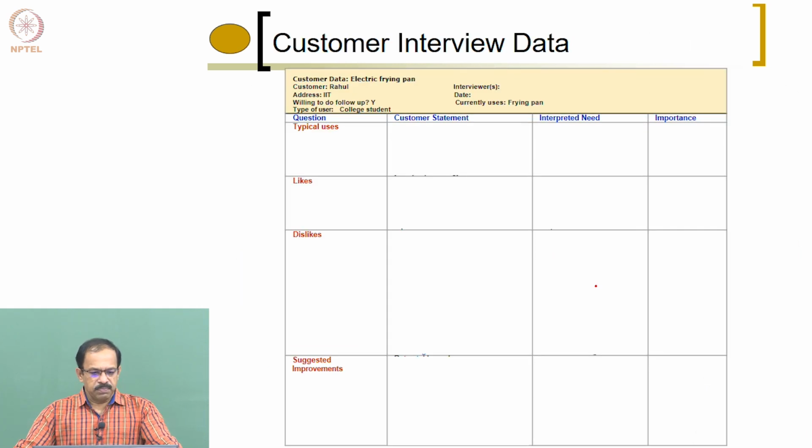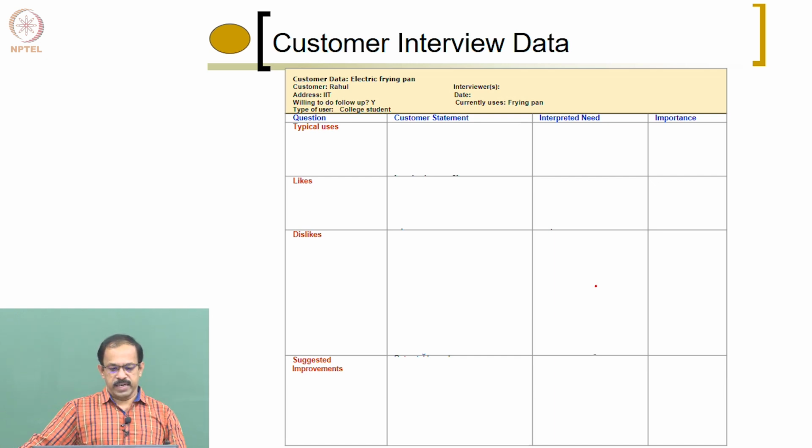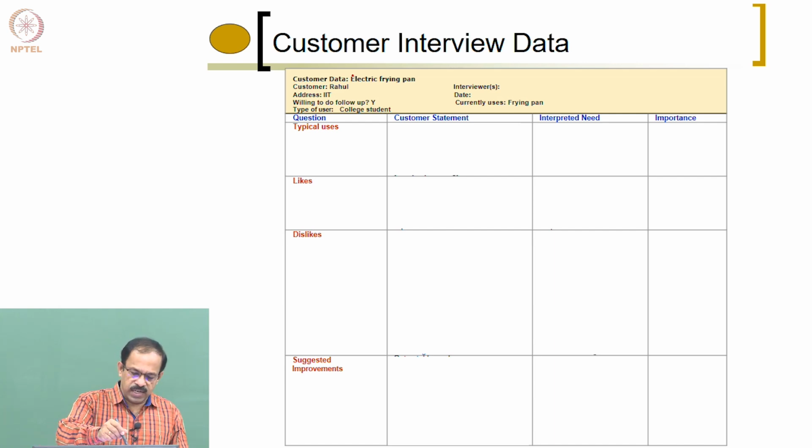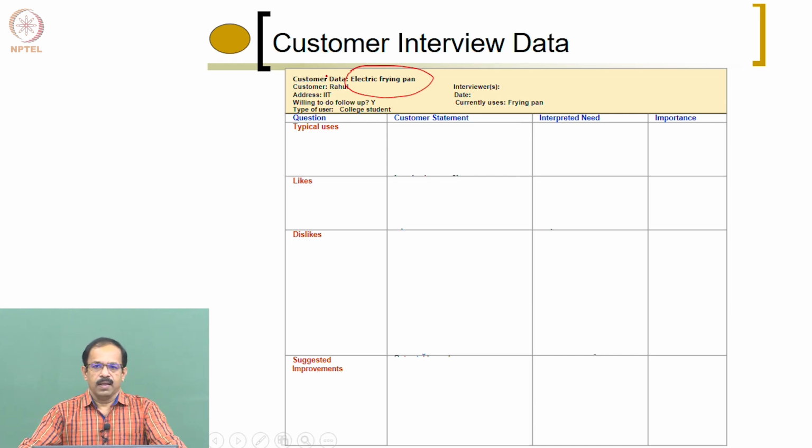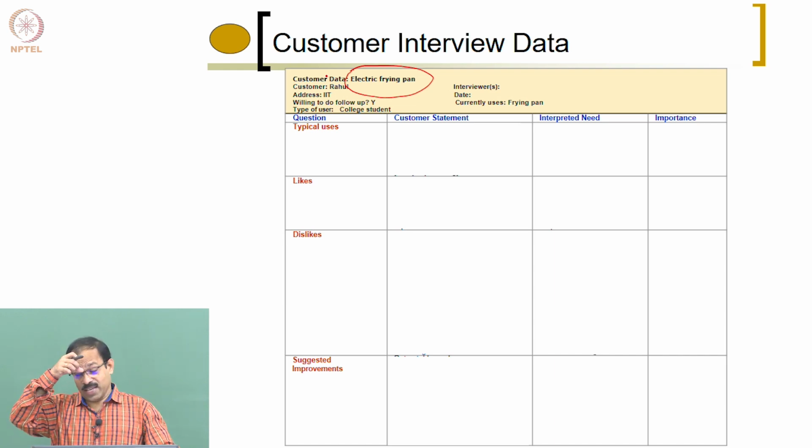We'll take an example and see how this can be generated and how you interpret the needs. We'll take a simple product, an electric frying pan. All of you know what an electric frying pan is? Yes or no? Yes. Okay.